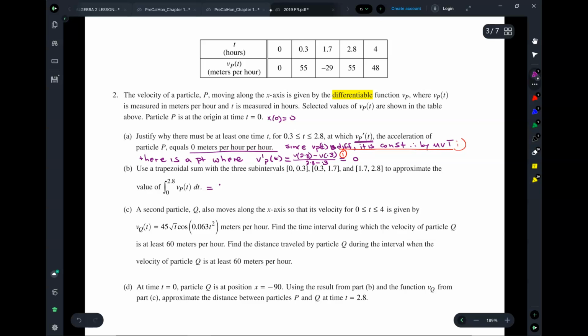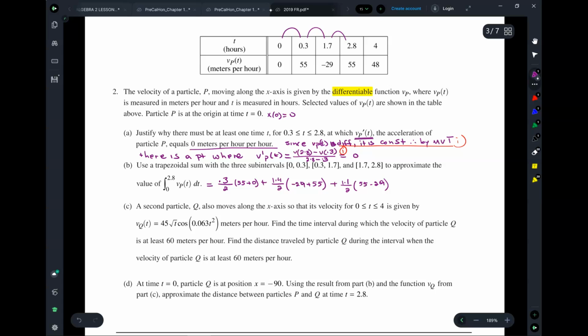It's the height, which is 0.3 over 2 times b1 plus b2, so 55 plus 0, plus the other one is, what's 1.7 minus 0.3? 1.4 over 2, negative 29 plus 55, plus 1.1 over 2, 55 minus 29, that's all basically, right?